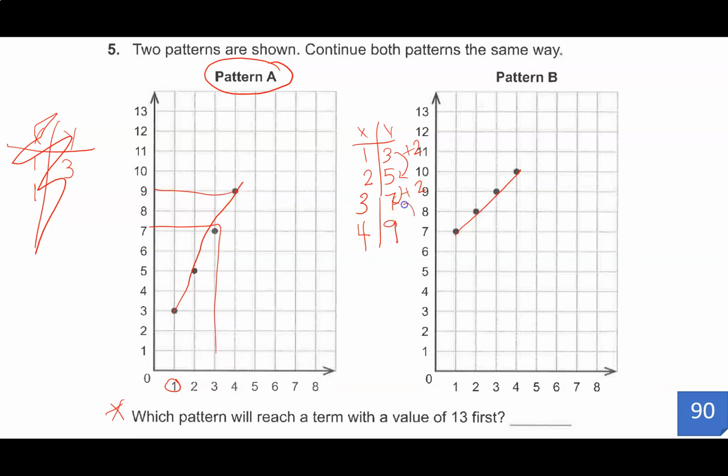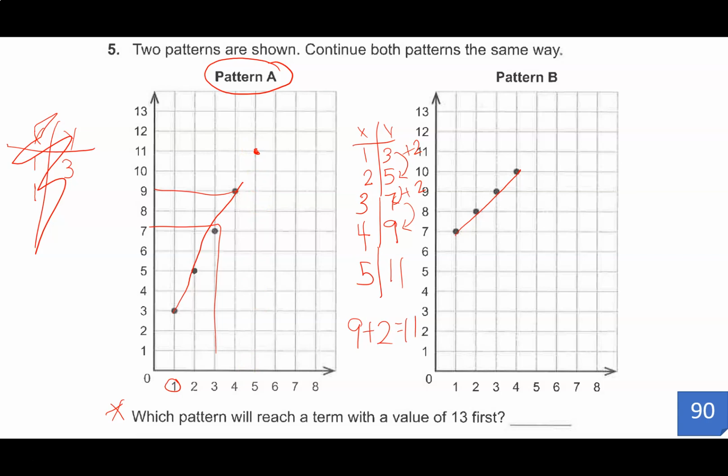So an increase of 2 from 7. So you would expect that our fifth value when x is equal to 5 would be 9 plus 2 is 11. So we expect our fifth value to be 11. And you can see that that falls in line with the pattern.